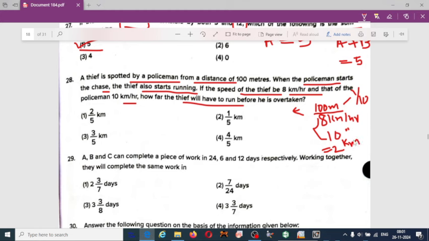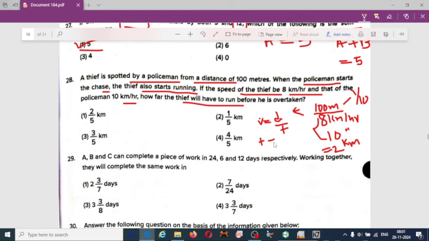Then you must know the relation between distance, velocity and time. Velocity is equal to what? Distance or displacement divided by time. So we need to calculate t here.